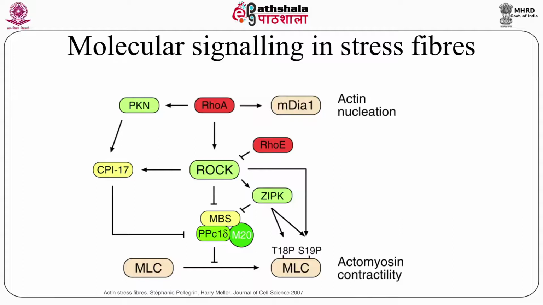You can see in the picture that ROCK inhibits myosin phosphatase, which is a trimeric complex of M20 subunit, PP1c delta catalytic subunit and a regulatory MBS subunit. The inhibition of myosin phosphatase activity downstream of Rho increases MLC phosphorylation and also increases the actin myosin contractility.